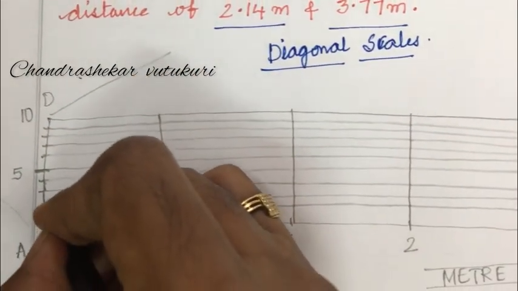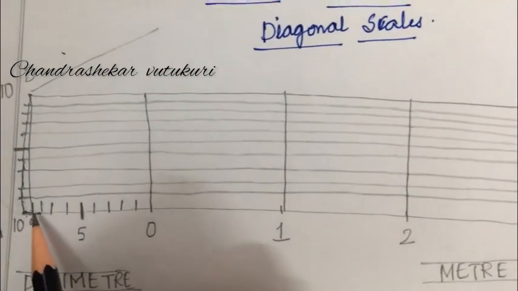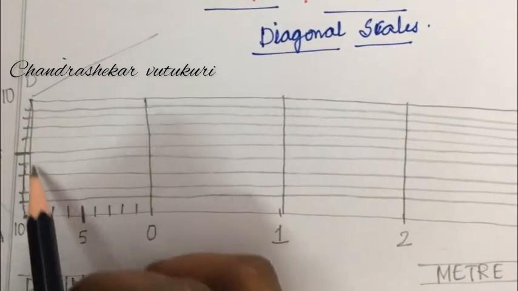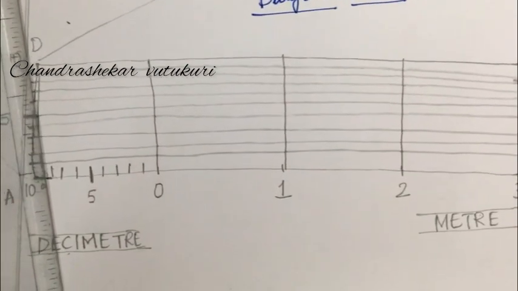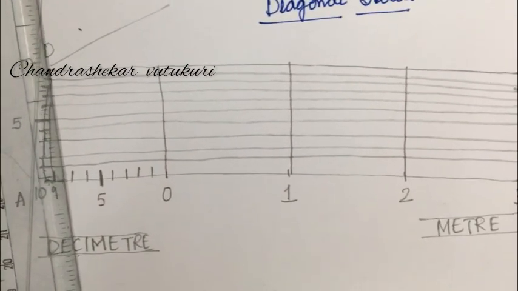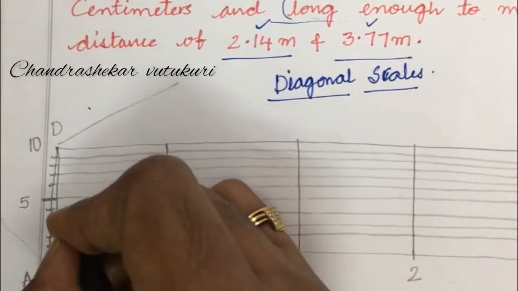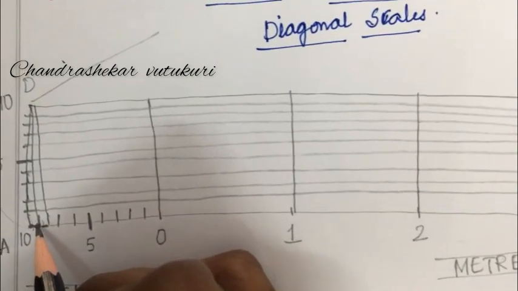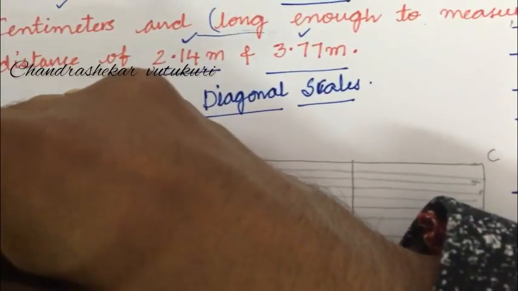So, the 9th division needs to coincide with the 10th division of the scale of AD line. Getting? Now, placing your drafter parallel to this line, the drafter needs to be fixed parallel to this line and moving it to the 8th division, draw the diagonal to it. For the first division, what you are going to do, dear students, is the 9th division needs to meet the 10th division along this centimeter scale, isn't it?